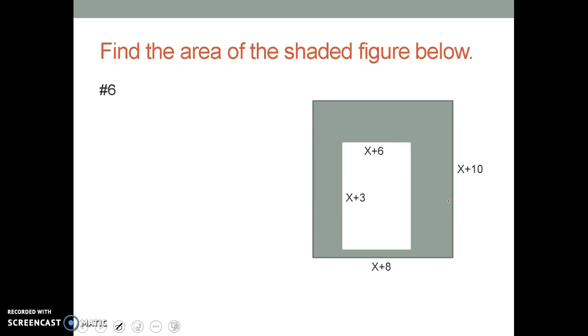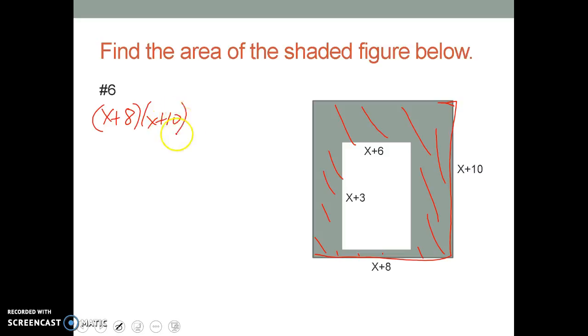All right, so let's apply this to the area of the shaded region. So I want to find the area of the shaded region in here, but I don't want to include the white part in the middle. So I'm going to start by multiplying this length times this width to get the area of the whole thing. That's going to be x plus 8 times x plus 10.